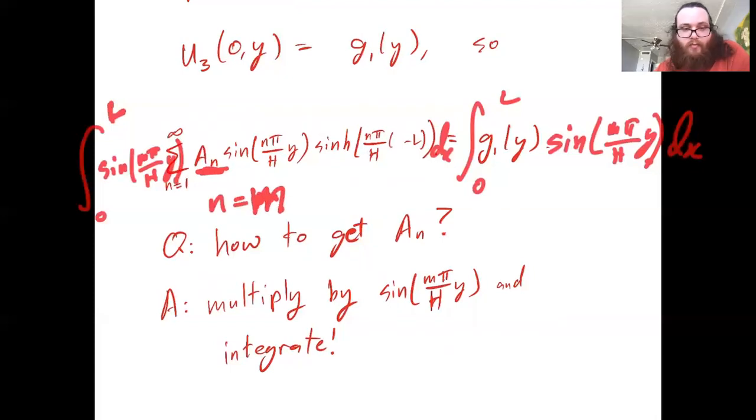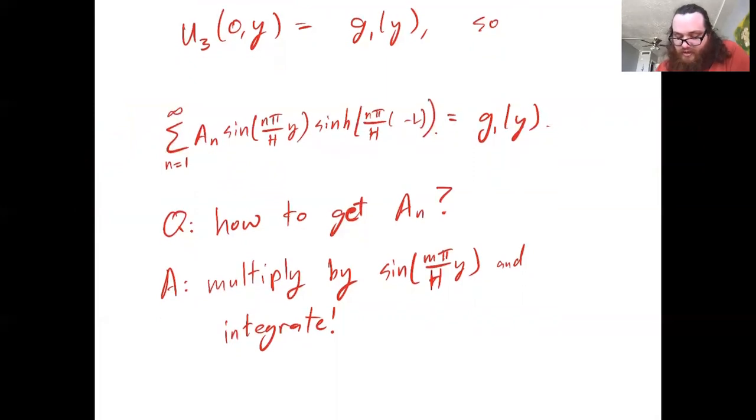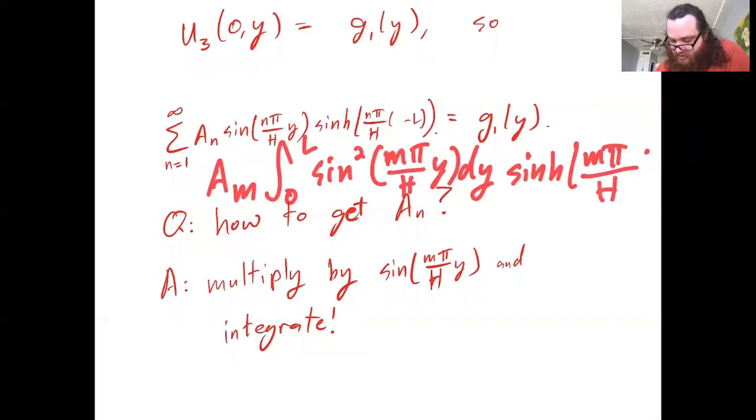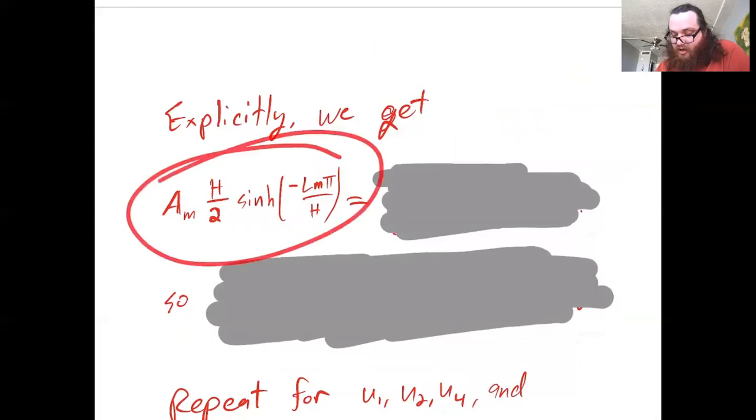So that's going to isolate this coefficient for m, but then we're going to end up with a sub m times the integral from 0 to L of sine squared of m pi over h y dy, times sinh of m pi over h times minus L. And so that's what's written right here.